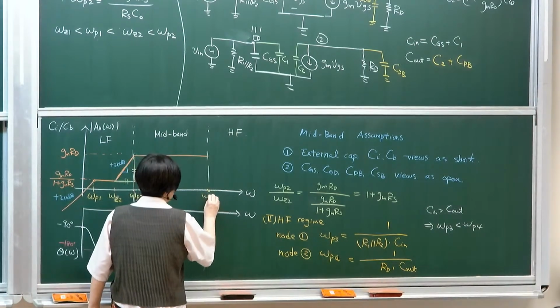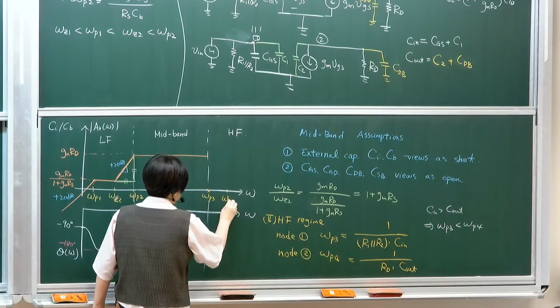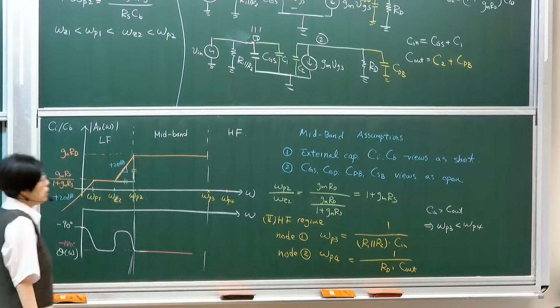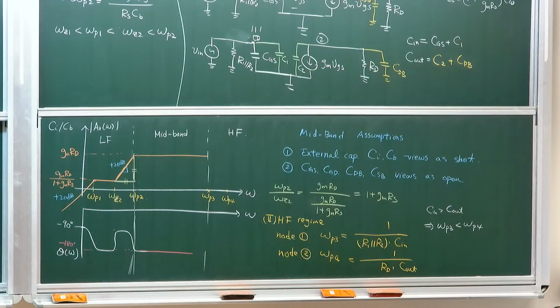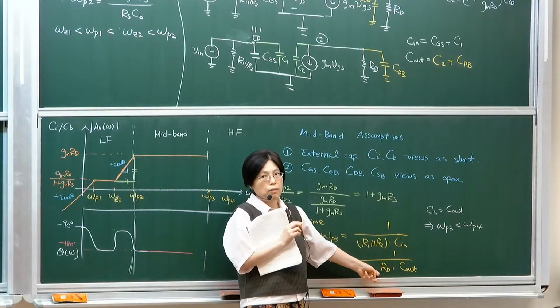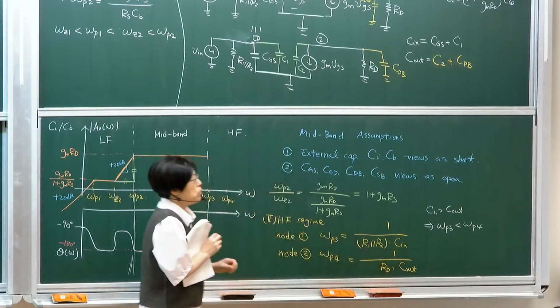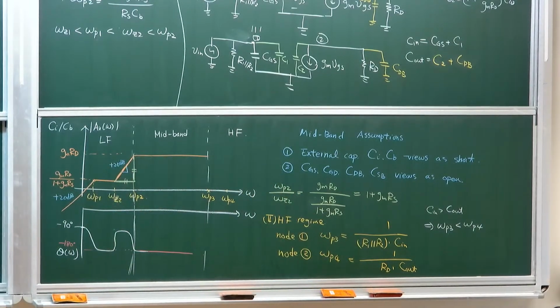One is right here, omega P3, and then I'll have omega P4. But these two will not be very far apart. The main reason is that your output terminal resistance RD is typically not very small, which leads to a higher output resistance and also a lower frequency pole.